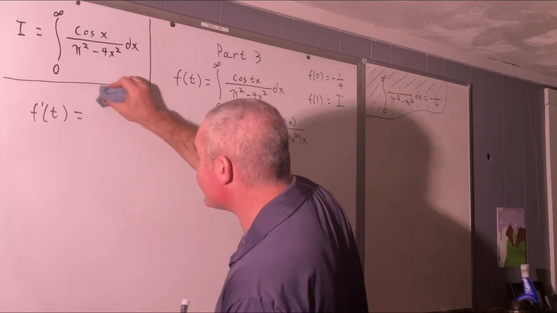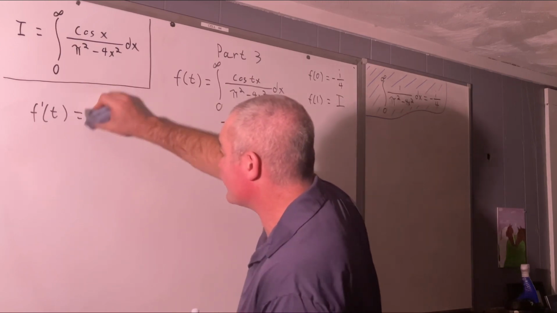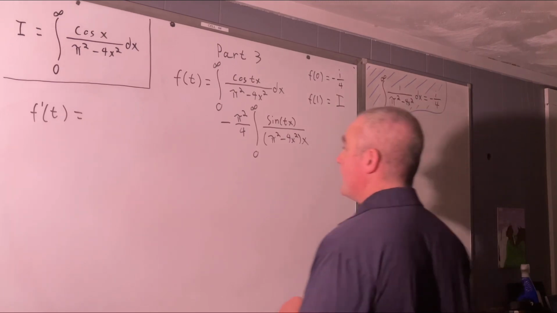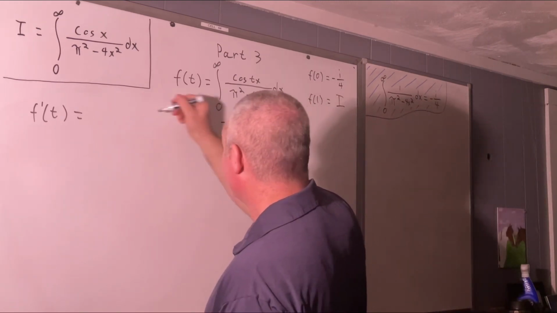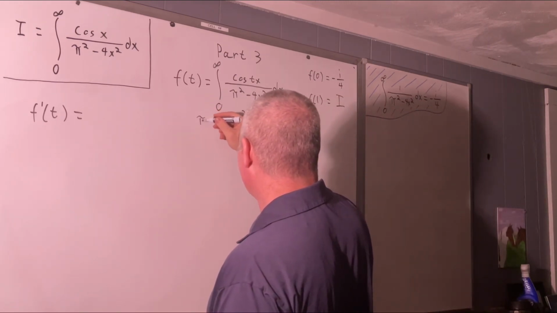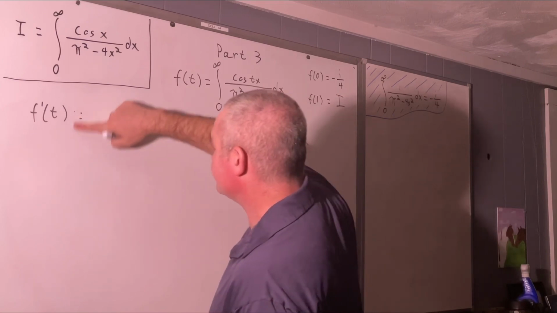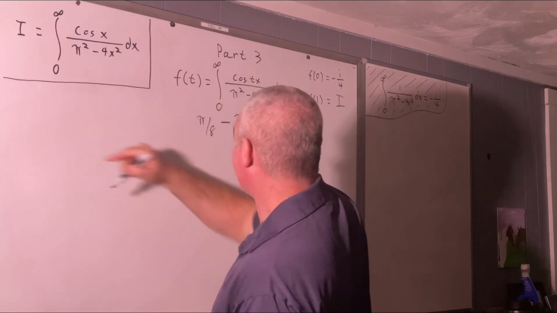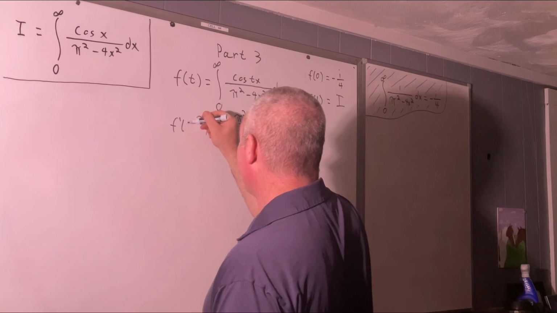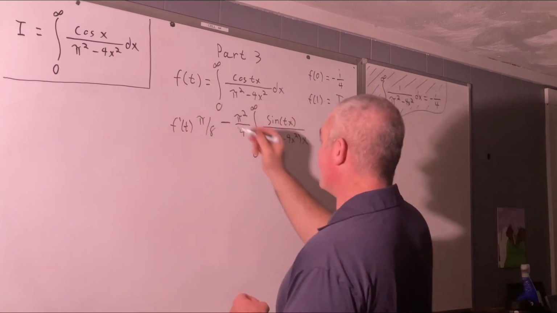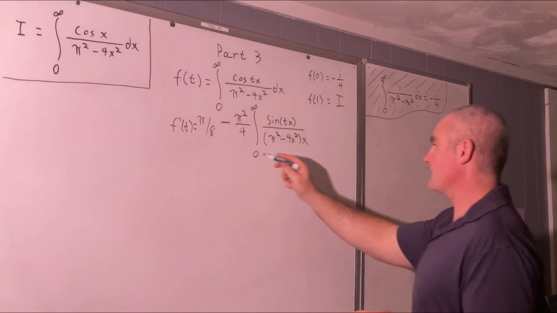Because as long as t is not equal to 0, that is pi over 8. So f prime of t is equal to pi over 8 minus this.